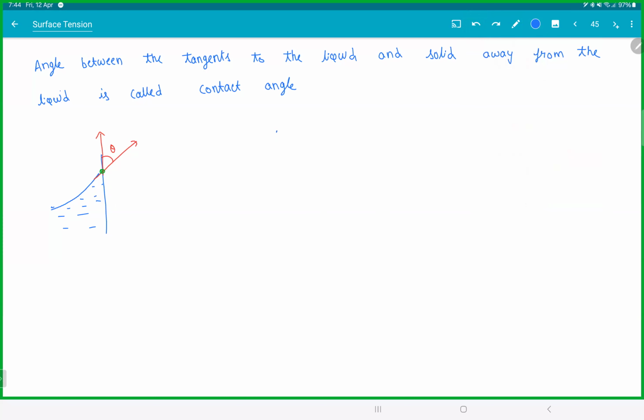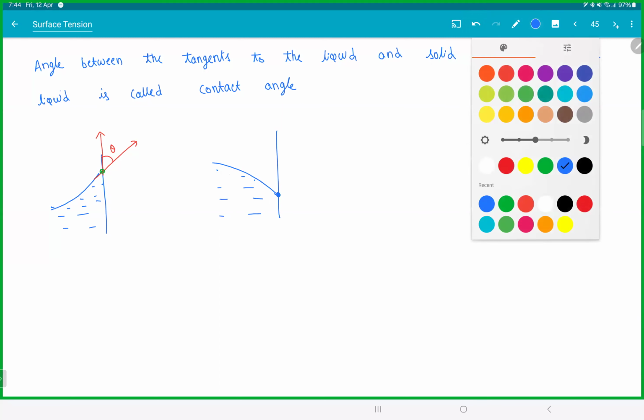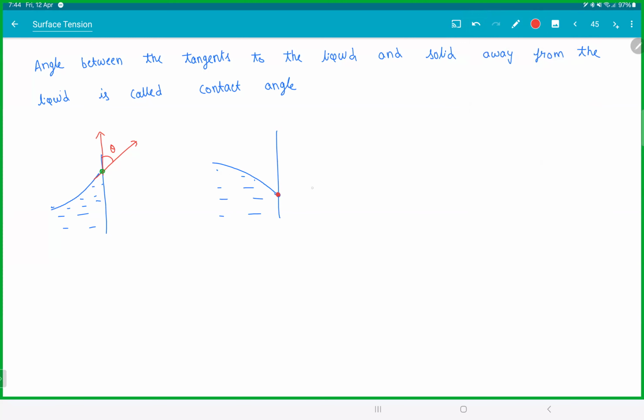Suppose you have a surface like this and the liquid is like this. At the point of contact, the one in the red, if you draw a tangent, this is towards liquid. This is away from liquid. For the solid, this is towards liquid. This is away from liquid. This is your contact angle.